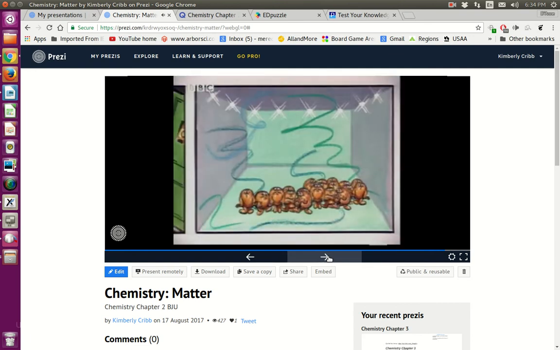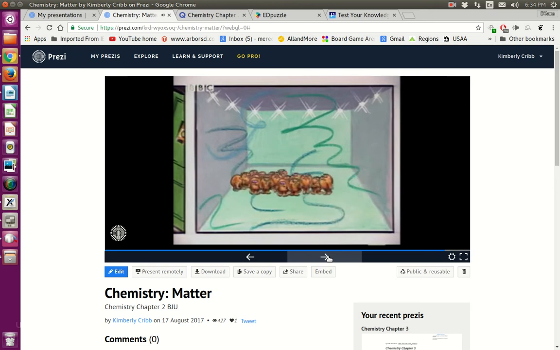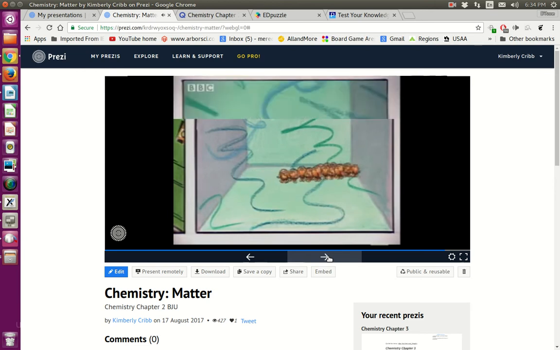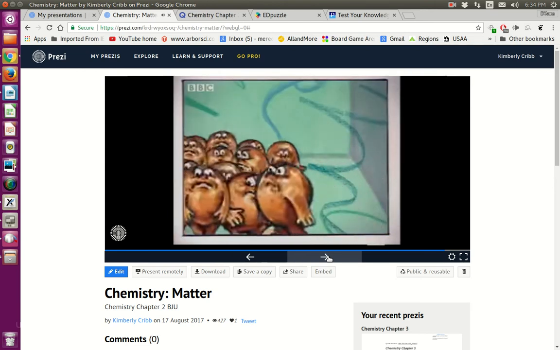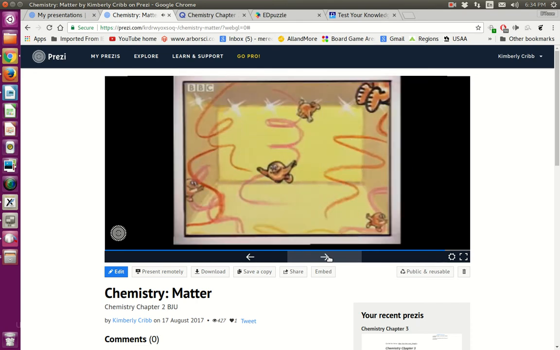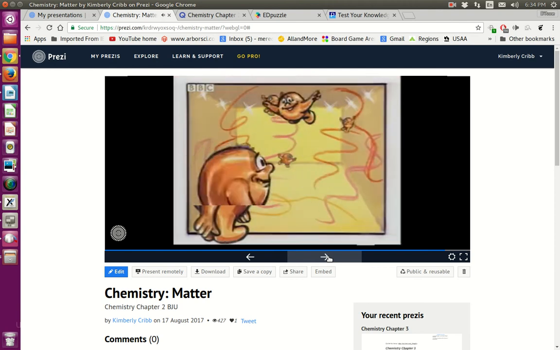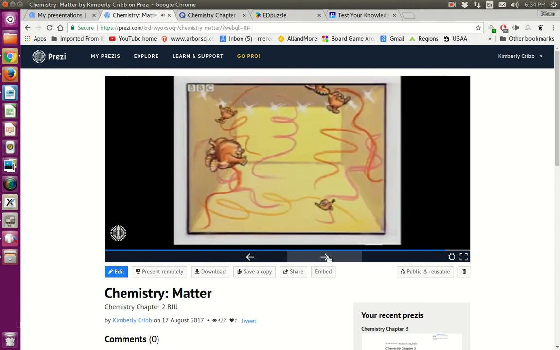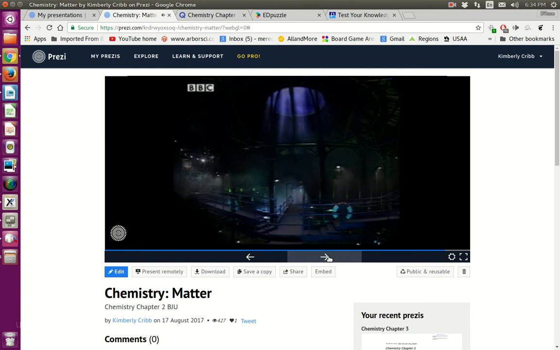In a liquid, the particles can move around each other, so the liquid has no fixed shape, but they're still very close together. But in a gas, the particles are spread far apart, moving around rapidly and randomly to fill the entire space. Everything around us can exist in the 3 states of matter: solid, liquid, and gas.